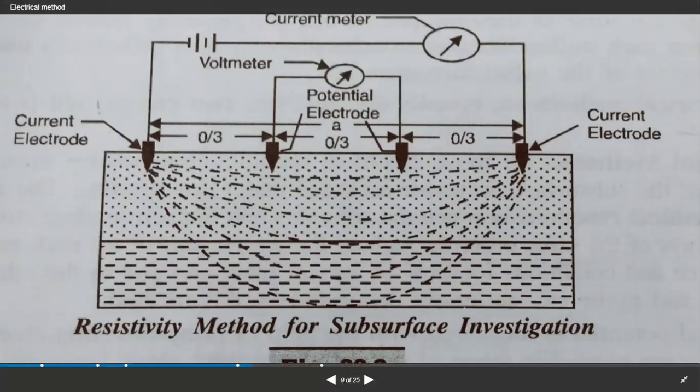This is the resistivity method for subsurface investigation.